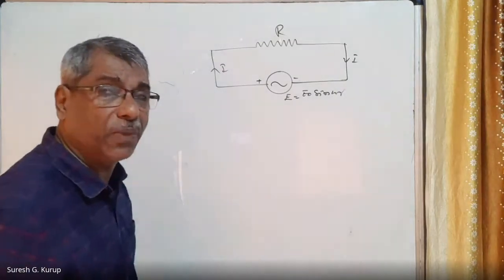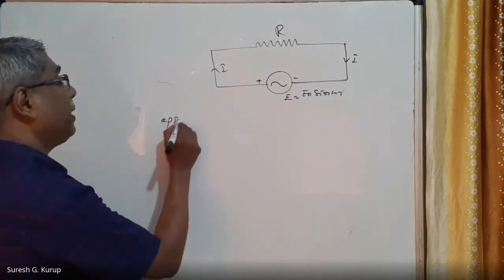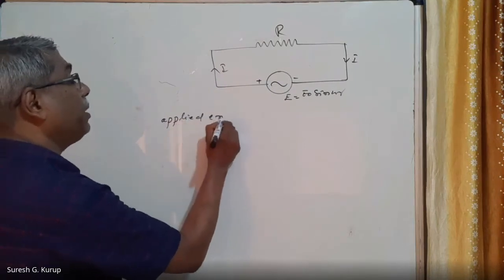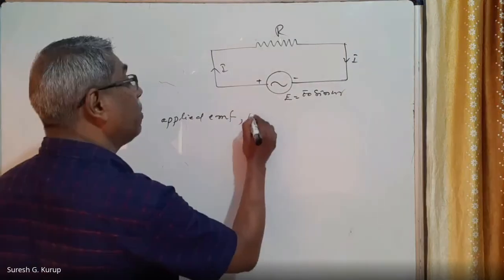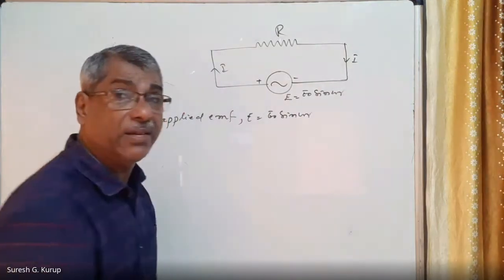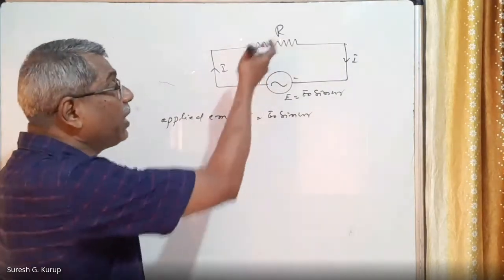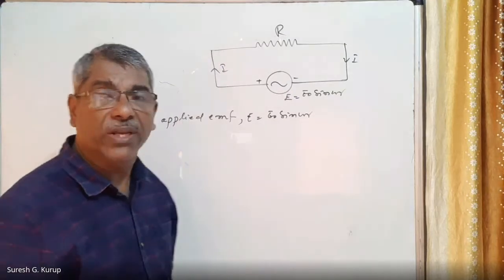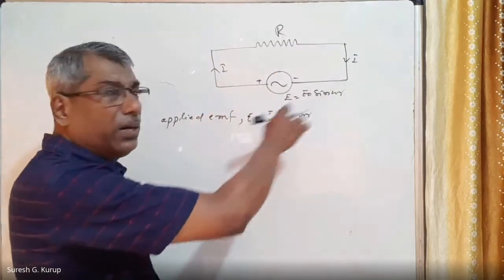The applied EMF is equal to E0 sin omega t. This is the EMF applied. So you see an AC circuit, a closed circuit through which a current is passing, as shown.